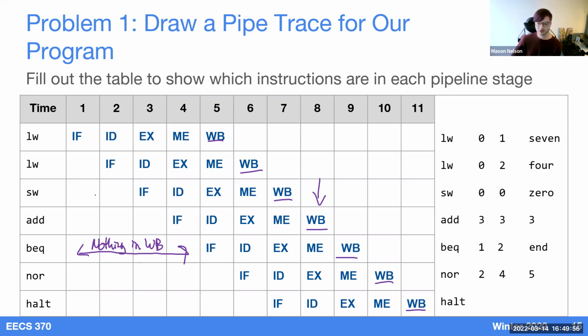So don't double count your startup or wind down cycles. All right. But we can see that instructions just move along as time goes along, and then they leave the pipeline because they're executed. And so that will execute all of the instructions that we need.